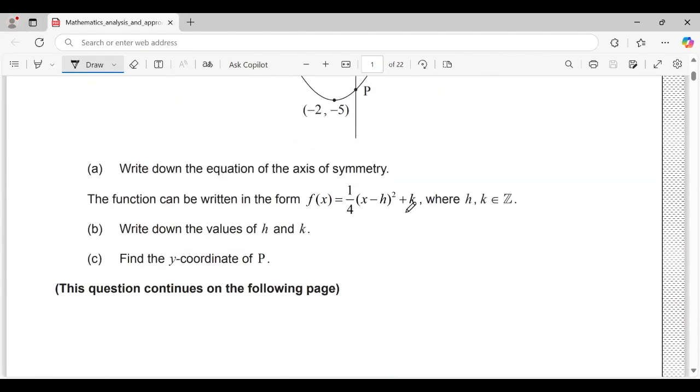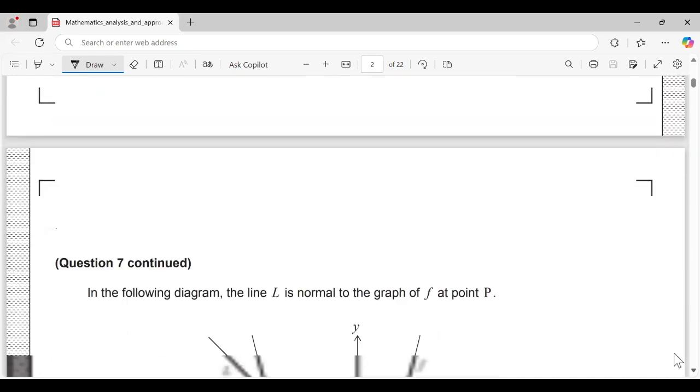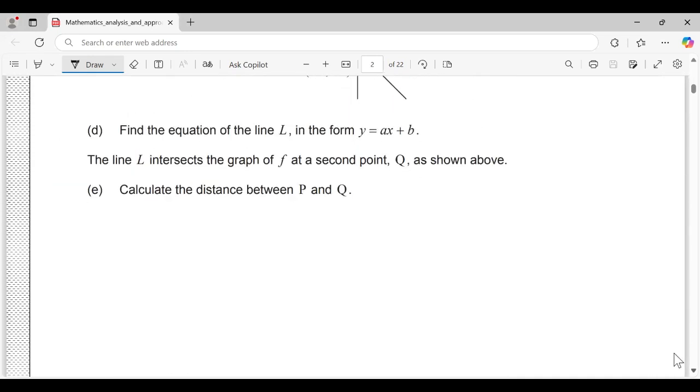Write down the equation of the axis of symmetry. The axis of symmetry we can determine through the vertex, and the vertex is minus 2, minus 5. So this is the symmetry.